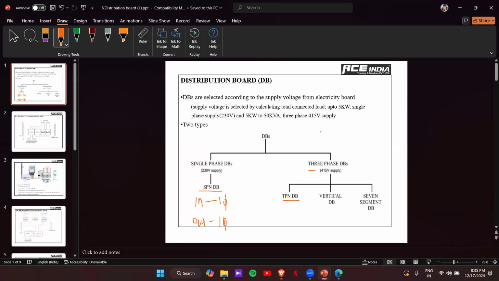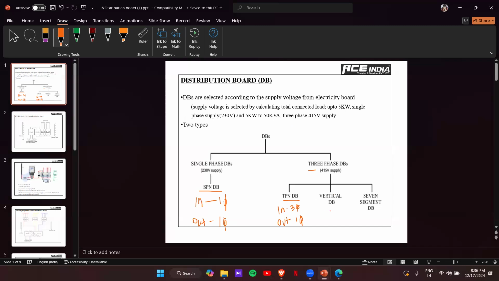In three phase, especially in TPN DB, our incoming will be three phase. For all three phase connections, incoming will be three phase itself and the outgoing will be single phase. So, three phase incoming and single phase outgoings.